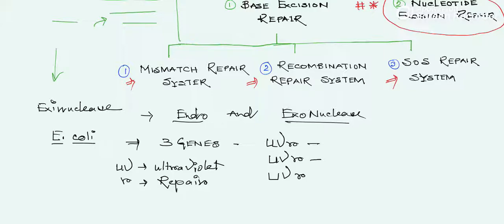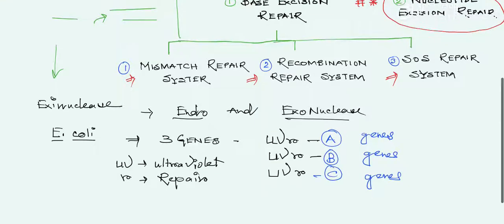So they find three genes: UVRA, UVRB and UVRC. These are all UVRA, UVRB and UVRC genes. And a trimeric protein containing two UVRA and one UVRB polypeptide recognizes the defective part.